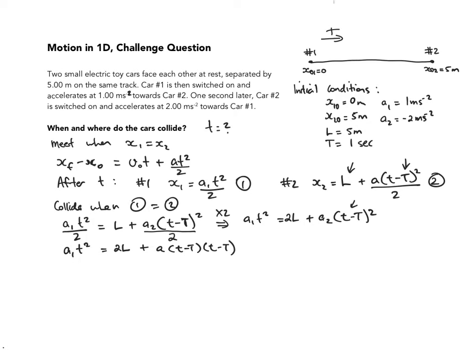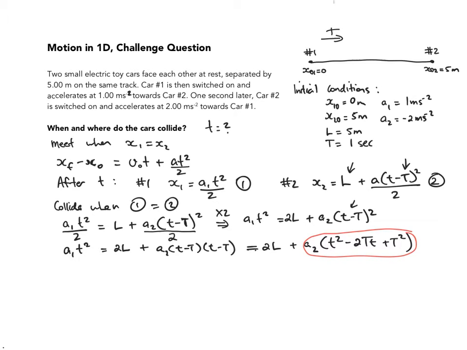So that's a difference of two squares, which equals 2L plus a2, outside of t squared minus 2tT plus T squared. So that's just the difference of two squares that we have there. I would probably expand this out again.